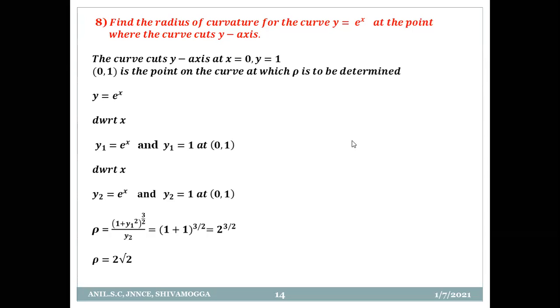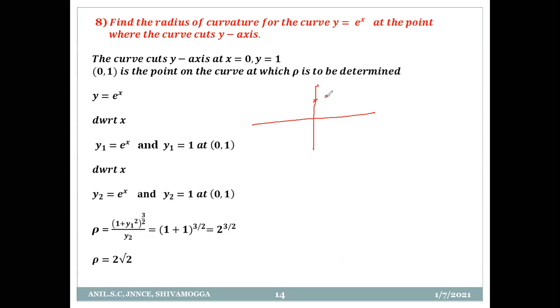First, you find the point on the y-axis at which the curve meets the y-axis. This vertical line is the y-axis and this is the x-axis. Suppose this is the point on the y-axis at which the curve meets the y-axis.